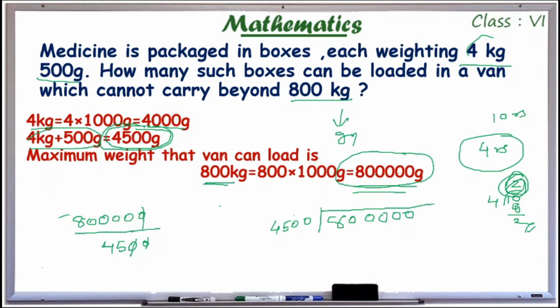I can remove this 0, this 0 I can remove, no more zeros here. So we can simplify this fraction as 8000 by 45. Now only need to do this. So 80 by 45 is equal to 1 into 45.